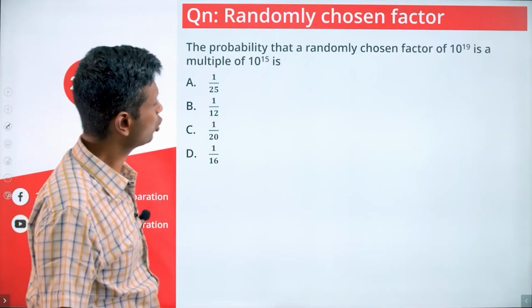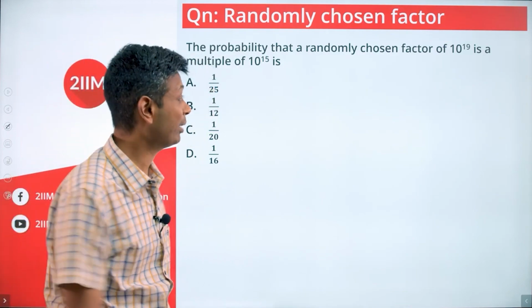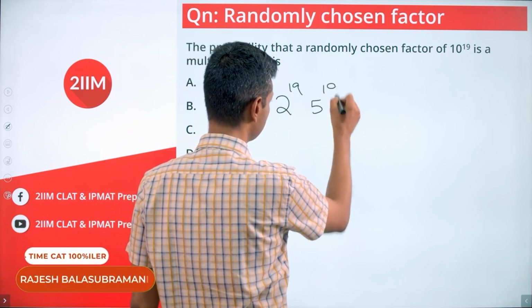Probability that a randomly chosen factor of 10 power 19 is a multiple of 10 power 15. 10 power 19 is 2 power 19 into 5 power 19.